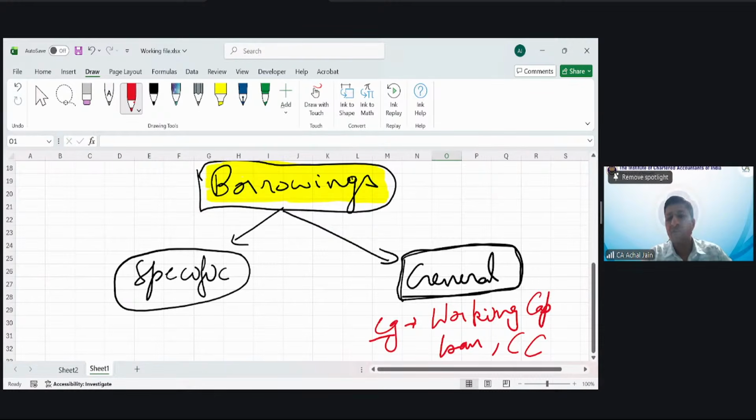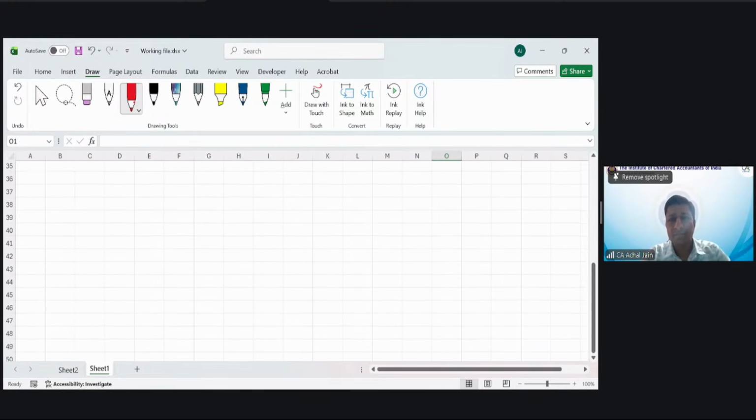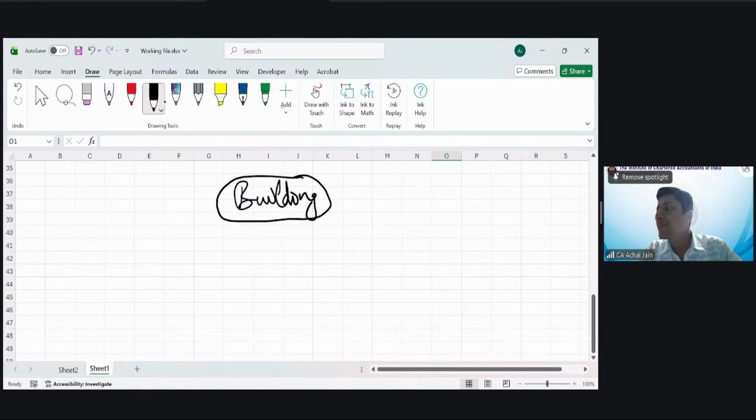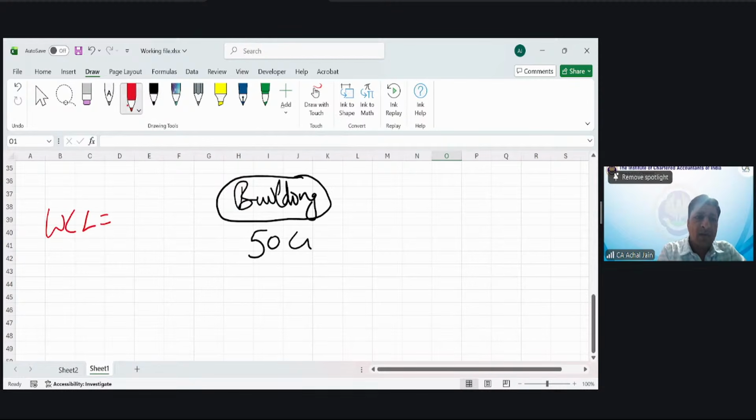Okay, now think about a situation. Let's suppose a building is required to be constructed, and the company will need 50 crore for the construction, right? Now, let's suppose the company has a working capital loan of 20 crore.